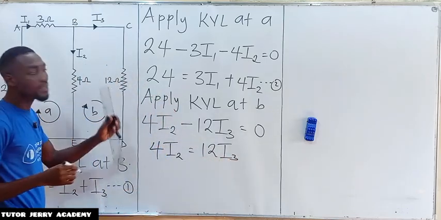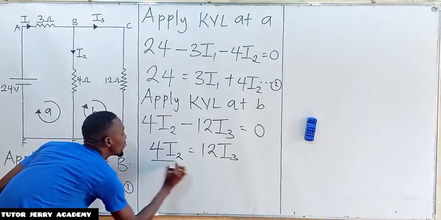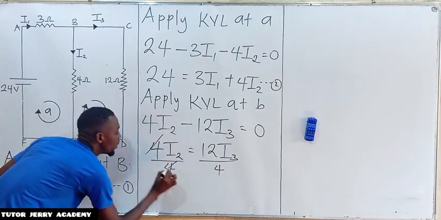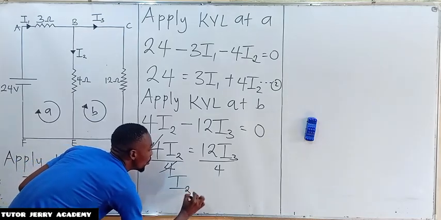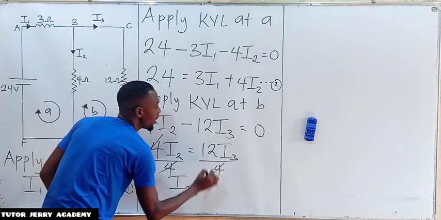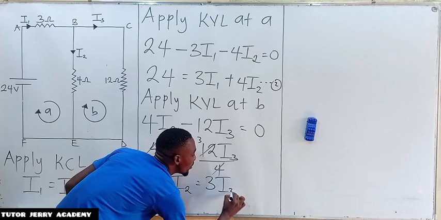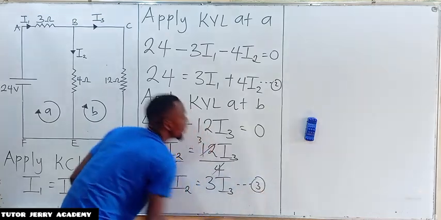Now we can divide both sides by 4, so 4 here will cancel 4 here. Then I2 will be equal to 3I3, equation number 3.